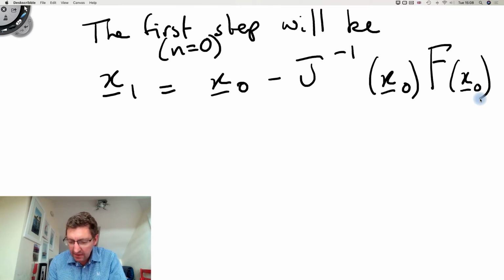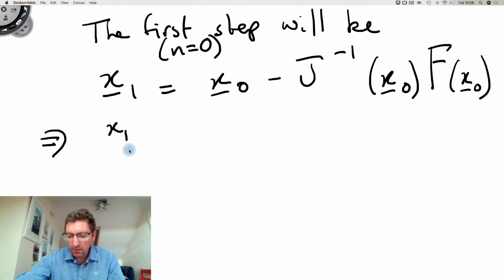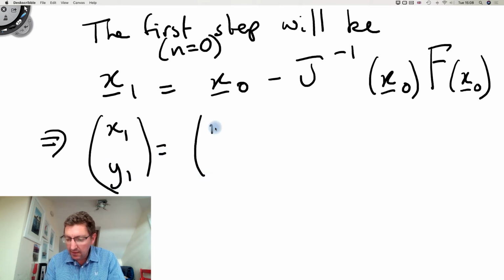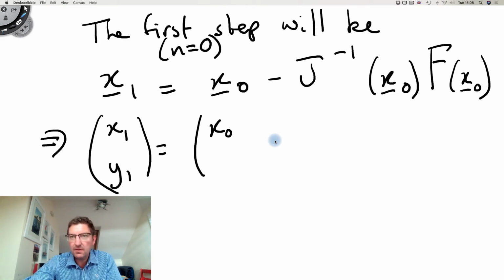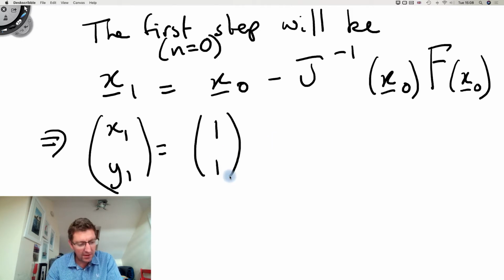So looking at the components, x1, y1 equals x0, y0 minus, so let's just plug in the values. x0, y0 is simply 1, 1, that's where you're starting.